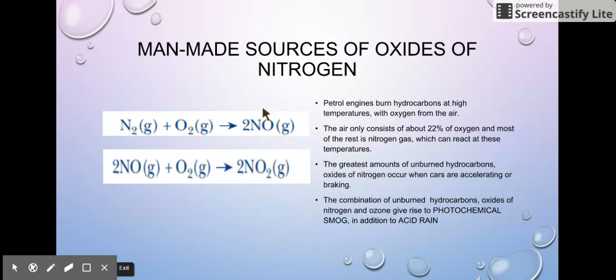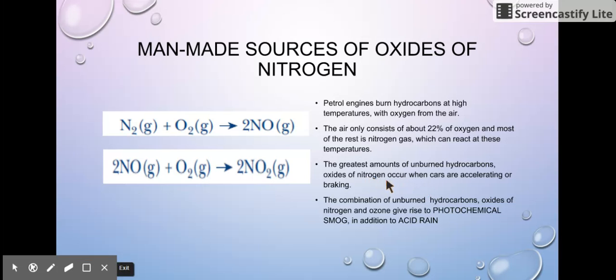Okay, so when you look at this, there's forming nitrogen oxide and then forming nitrogen dioxide. But you also get a large amount of unburnt hydrocarbons when you are accelerating your car.